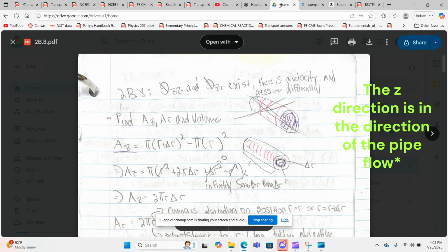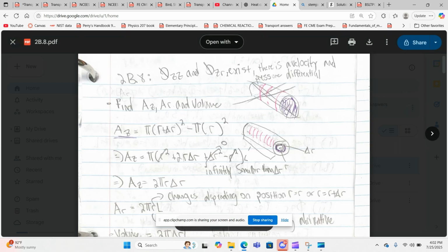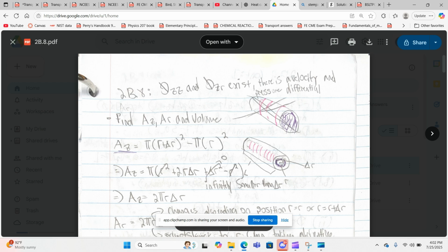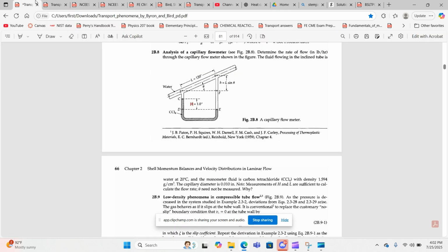It's ZR because the velocity in the pipe is dependent on the distance from the pipe walls.